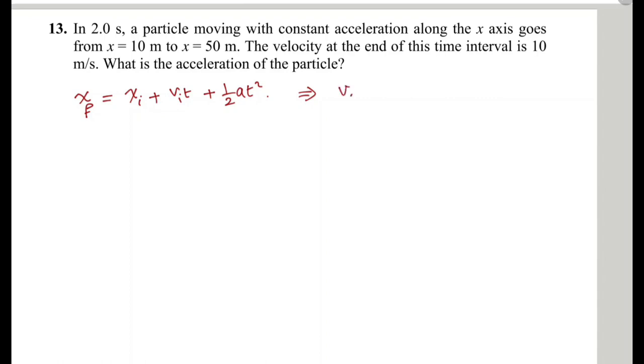Now using this equation here, v final equal to v initial plus a t, from this one a equal to v final minus v initial divided by time t.